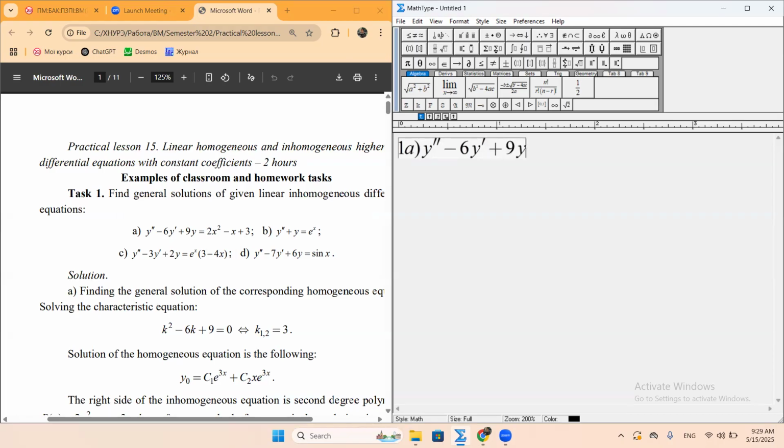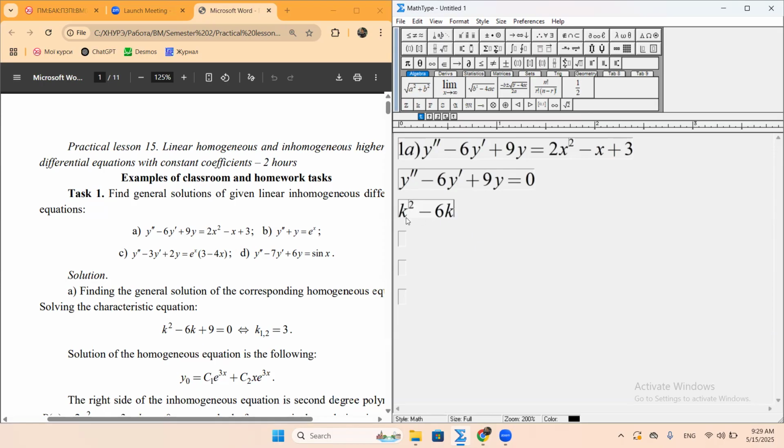Let me first write down the equation: 2x squared minus x plus 3. Now we will solve the corresponding homogeneous equation. First, we write down a characteristic equation. It is an equation in the variable k, and the power of k corresponds to the order of the derivative.